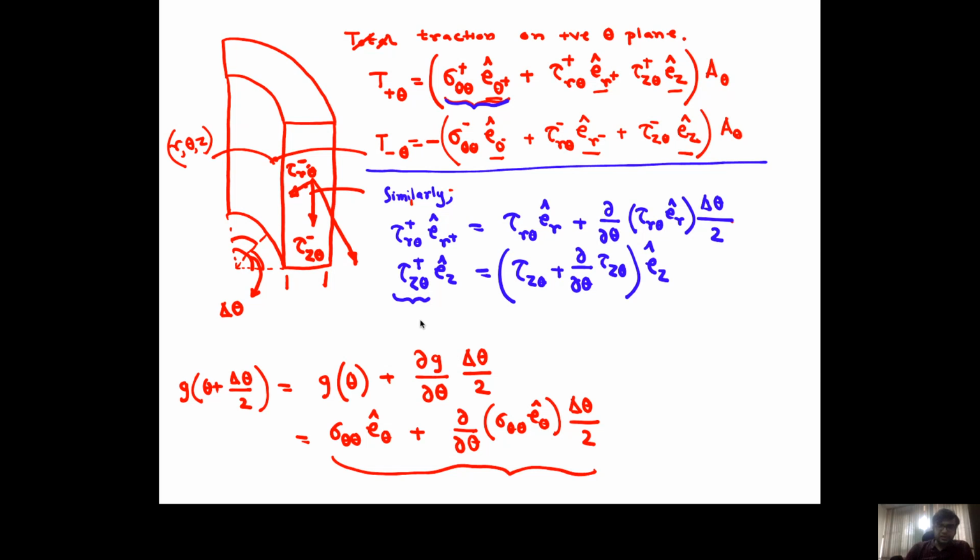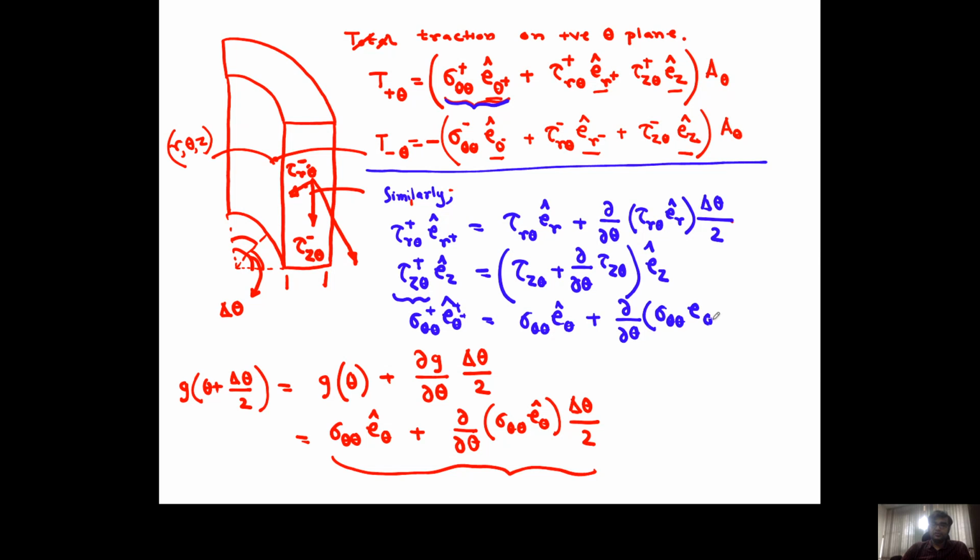This third term I'm writing again here, and the third term is sigma theta theta plus e theta plus, and that is equal to sigma theta theta e theta hat plus del by del theta of sigma theta theta e theta hat.